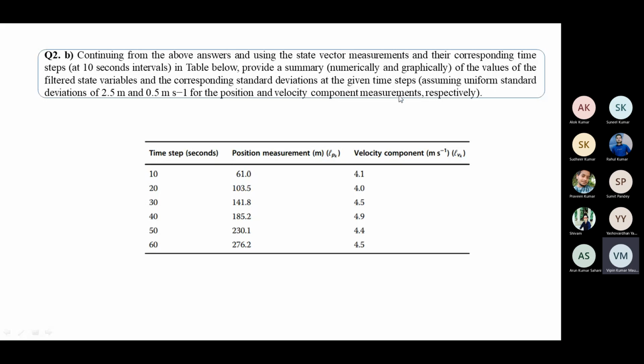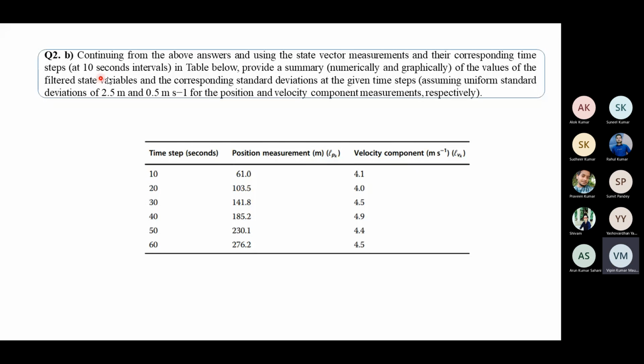They want to see this, and assuming uniform standard deviation of 2.5 meter and 0.5 meter per second for the position and velocity. So standard deviation is given here for the position and velocity. So at every 10, 20, 30, 40, 50 and 60, whatever the position measurements are given here, and their velocity measurements are also given here. The standard deviation is also given here.